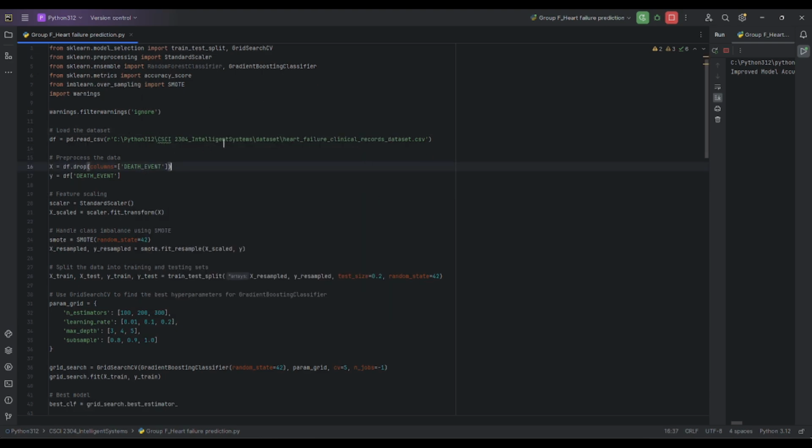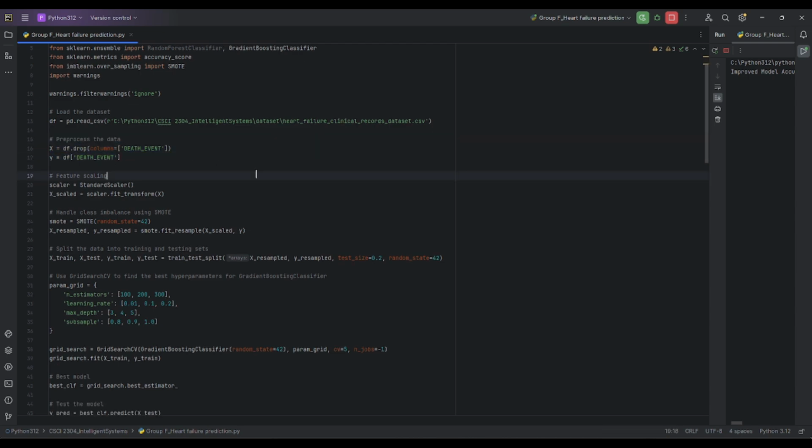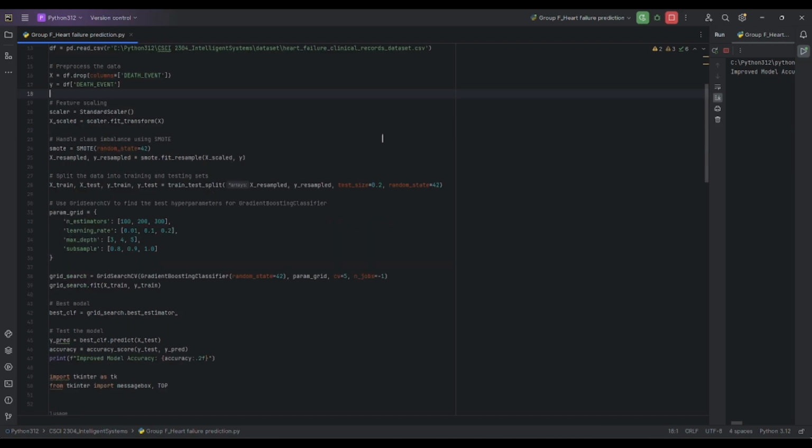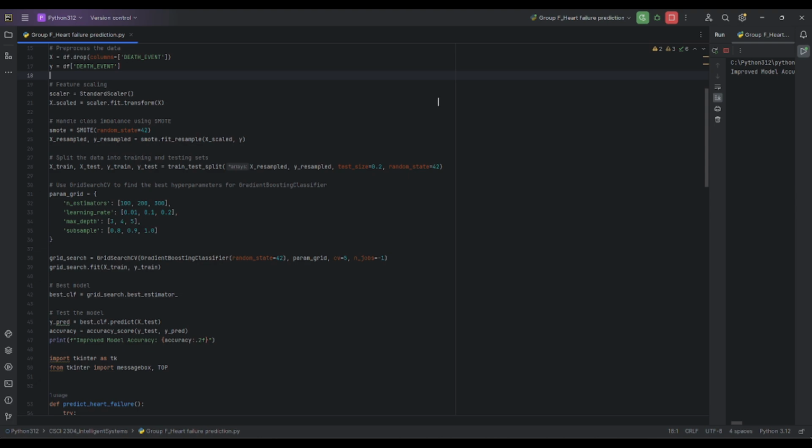Then we load the dataset into the IDE and pre-process the data, where we are looking for the death event, which is whether they are at risk or not.